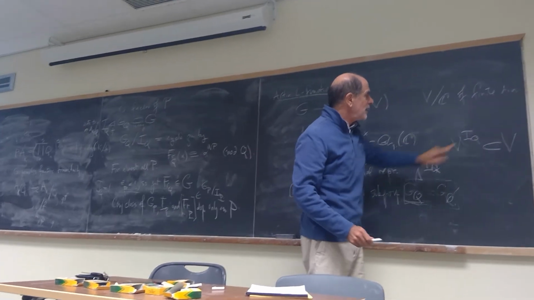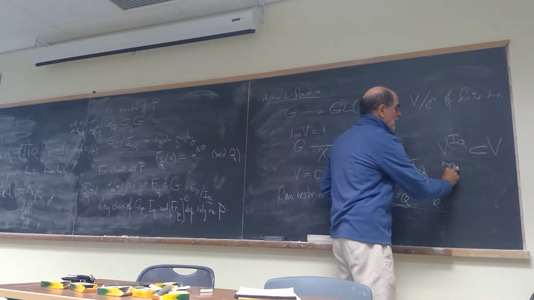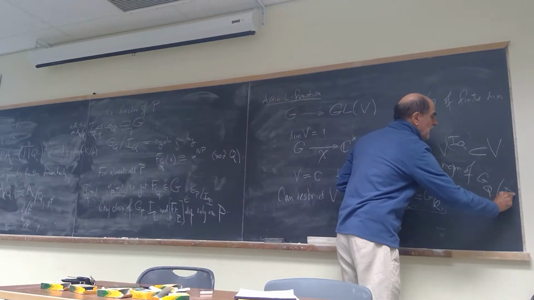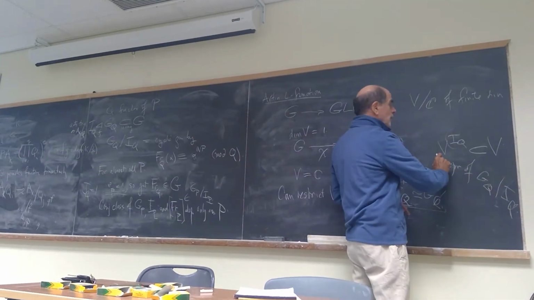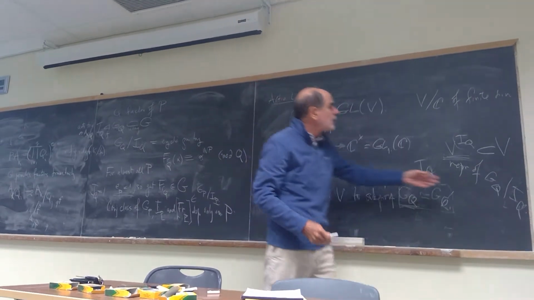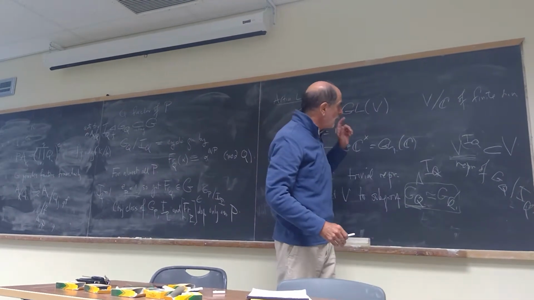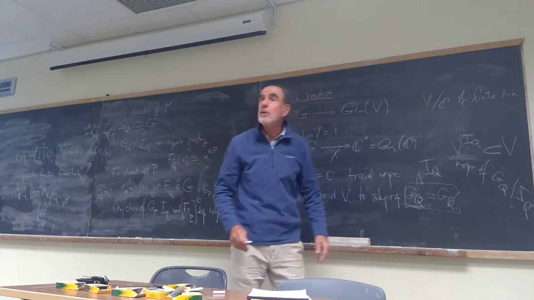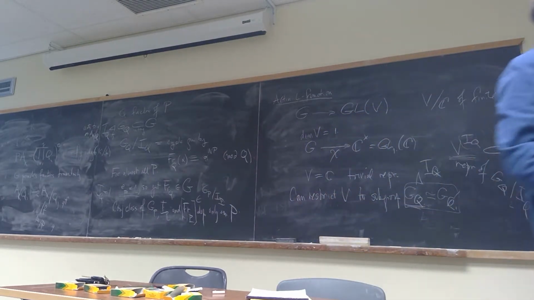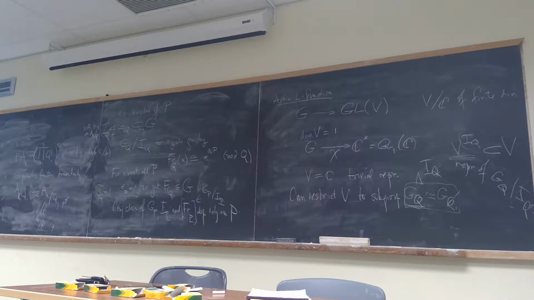Now, this is now a representation of G_Q mod I_Q, because I_Q is forced to act trivially on this. It's of smaller dimension, but it's a representation of this quotient group. And that quotient group has a generator, the Frobenius at Q. Right? So really you should write it like this, if you want to be really precise.